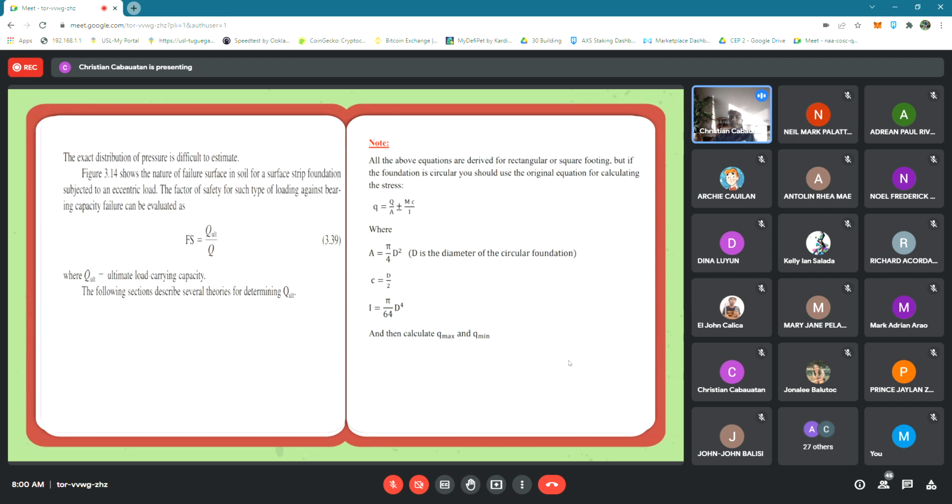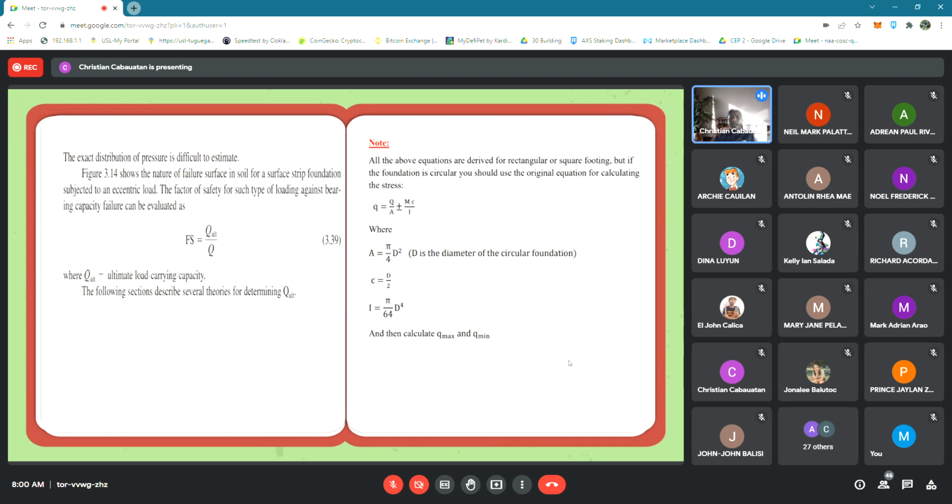The area there is pi over 4 times d squared, where d is the diameter, c can be obtained as d over 2, and the inertia is equal to pi over 64 times d to the fourth. And then calculate its Q maximum and Q minimum.